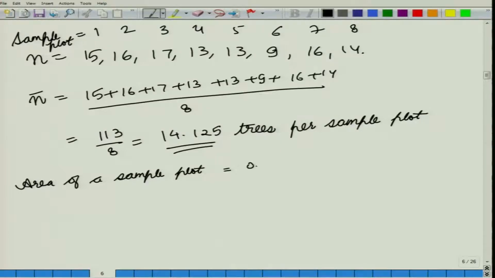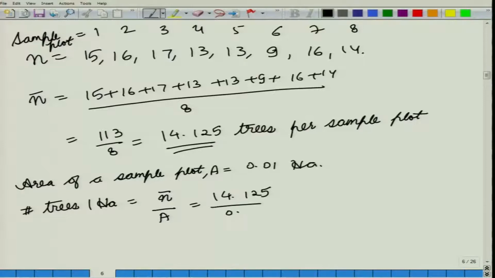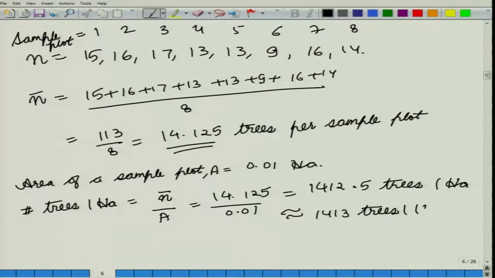It is given to be 0.01 hectares. So, what is the number of trees per hectare? That would be n bar divided by this area A, which is 14.125 divided by 0.01, equal to 1412.5 trees per hectare, or we could round it off to give 1413 trees per hectare.